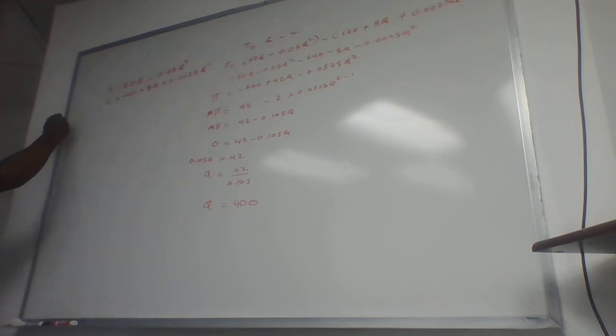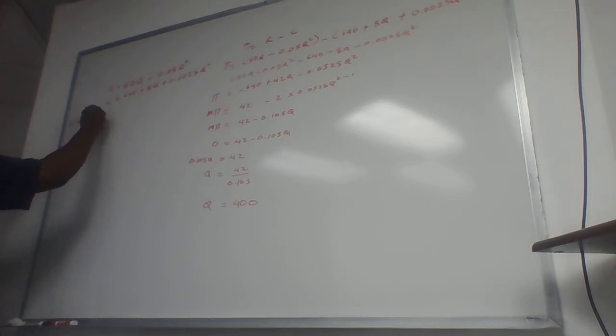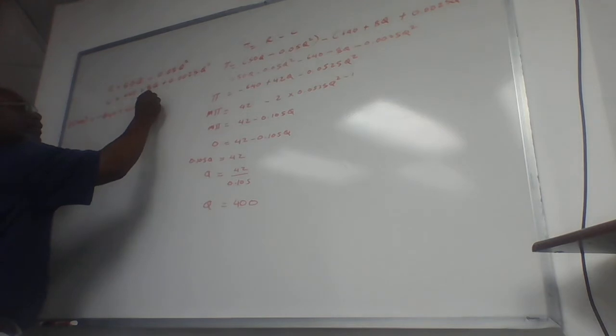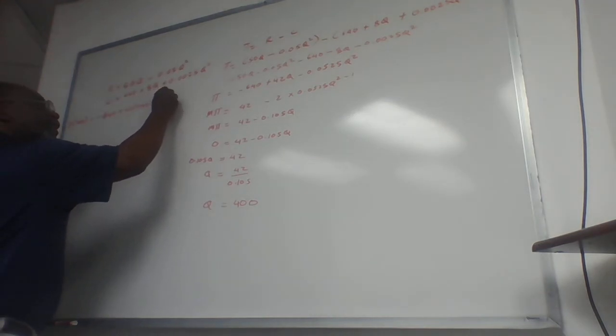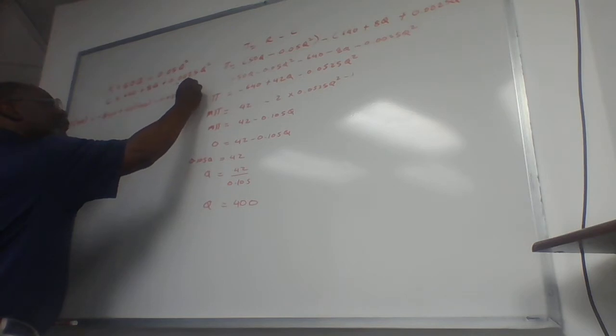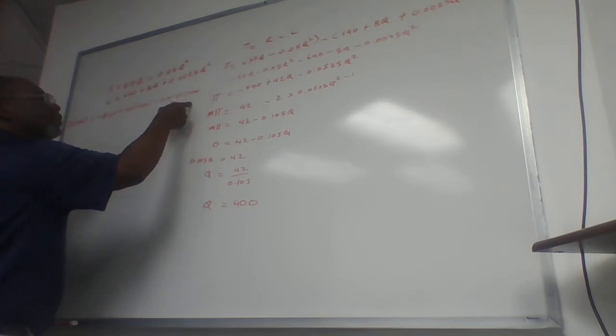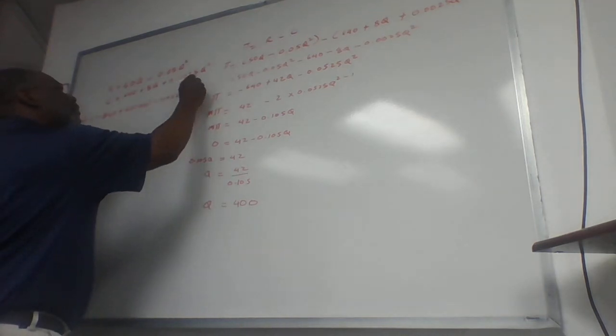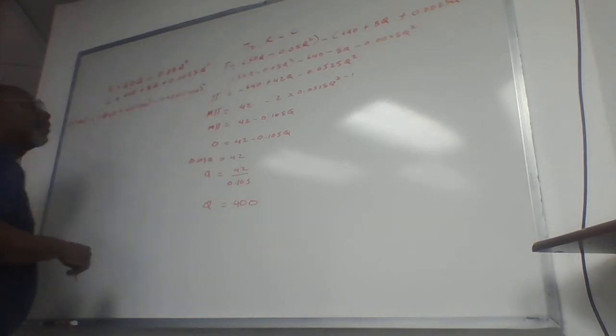So profit at 400 is equal to minus 640 plus 42 times 400 minus 0.0525 times 400 squared.